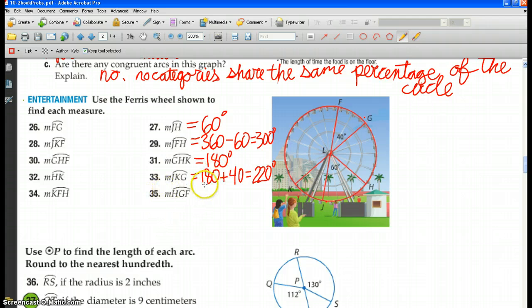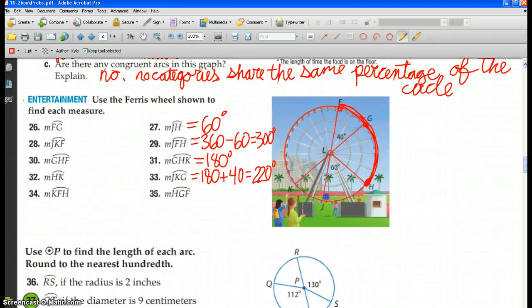Number 35, HGF. So for HGF, that would be the same as taking JHF and subtracting JH from it.